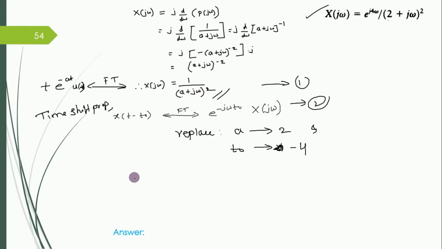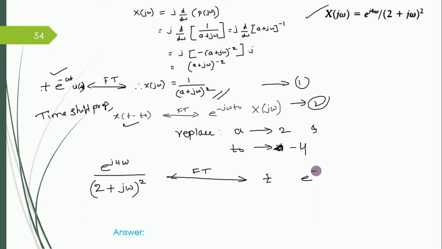So what I get is e raised to j 4 omega divided by 2 plus j omega whole square, its inverse FT will result in, so just check what I do. This and this I have to combine. I write t e raised to minus at, and in place of a, I write 2.